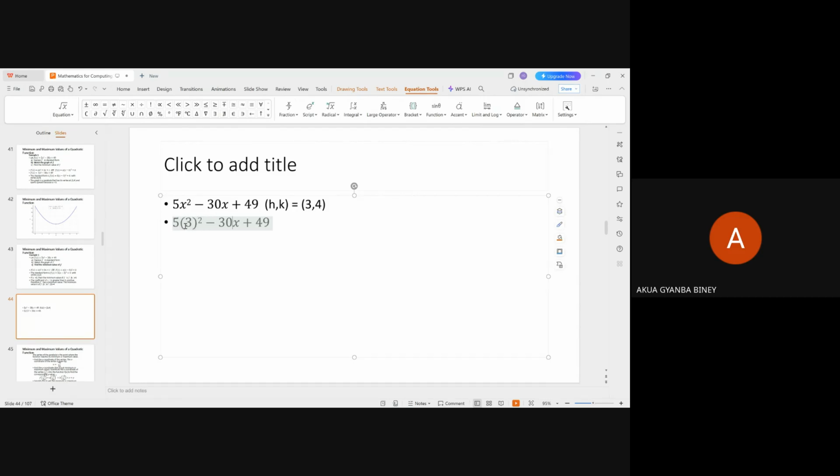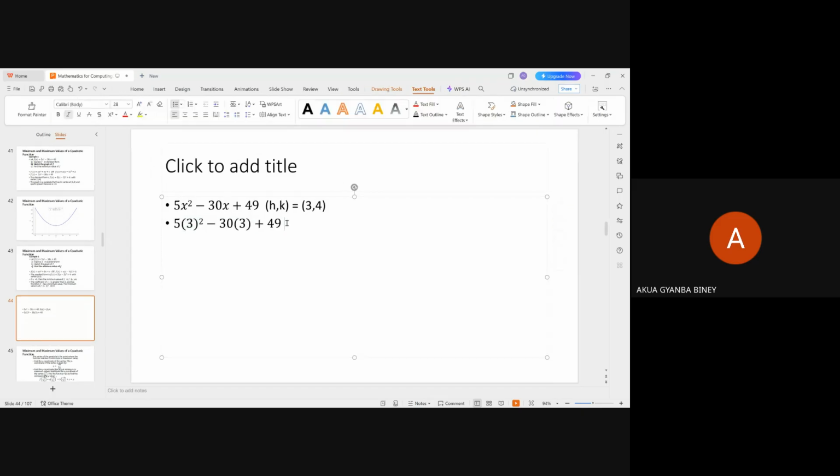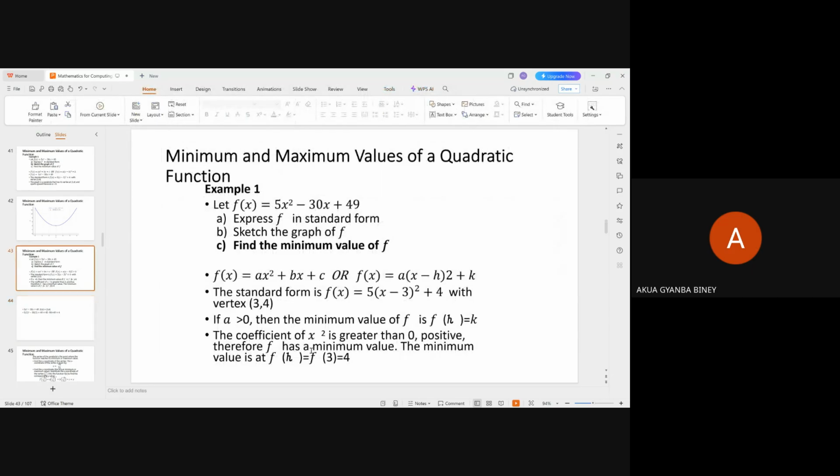Now this will give me 9 times 5, 45, minus 90 plus 49. And this will give me 4, because this side will give me minus 45, and minus 45 plus 49 is 4. So this is how you can get k. But if you don't want plenty of calculation, your k is the minimum or the maximum value, then you are done.